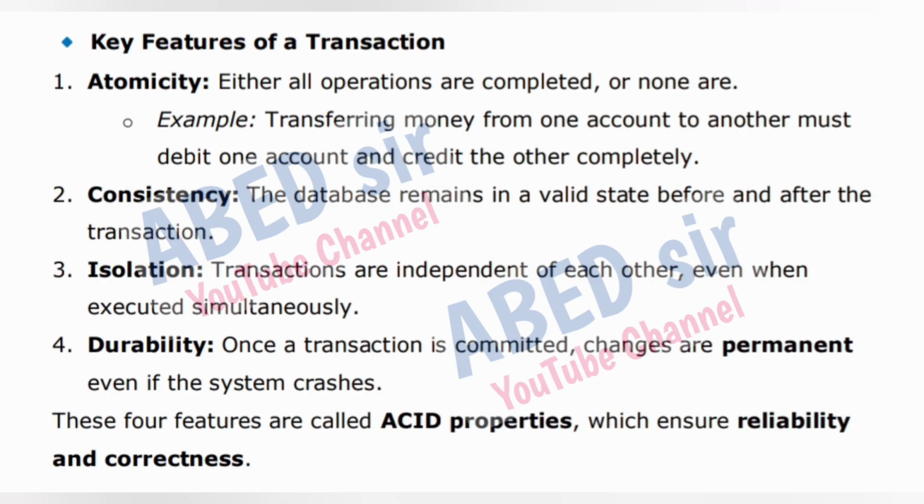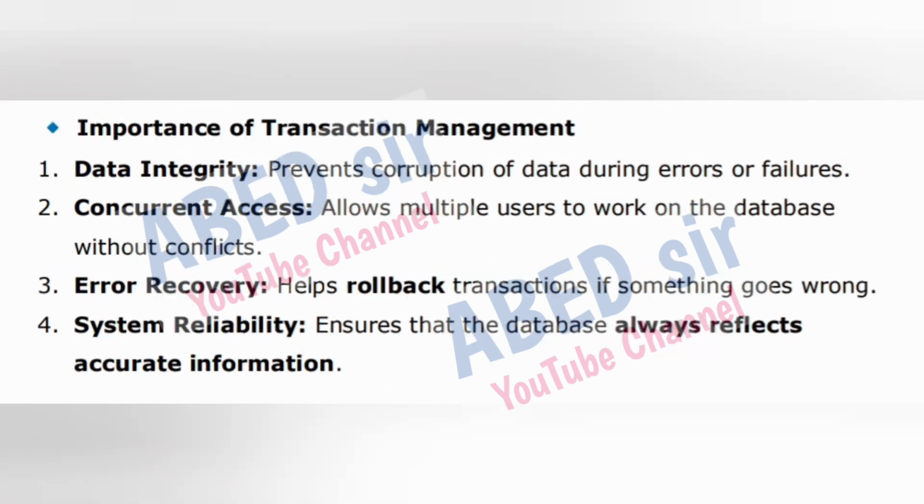Isolation. Transactions are independent of each other even when executed simultaneously. 4. Durability. Once a transaction is committed, changes are permanent even if the system crashes. These 4 features are called ACID properties, which ensure reliability and correctness.